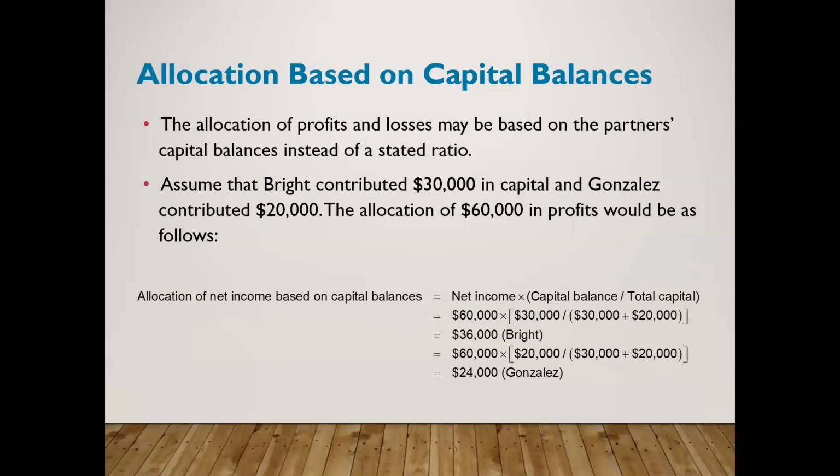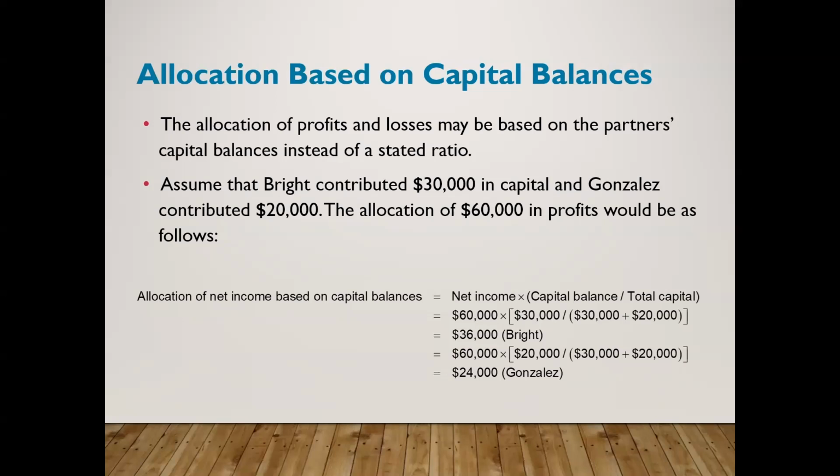In a partnership, one partner may contribute more capital. We've seen that. Therefore, the profits and losses may be divided based on the partners' capital balances instead of on a stated ratio. Now, we know that Bright contributed $30,000 in capital and Gonzalez contributed $20,000.